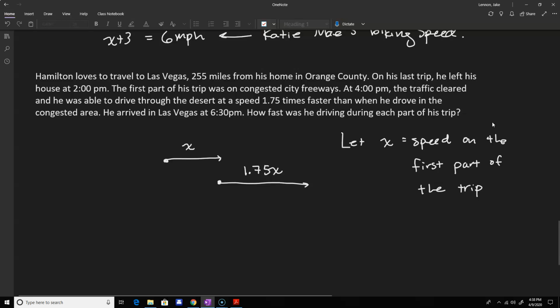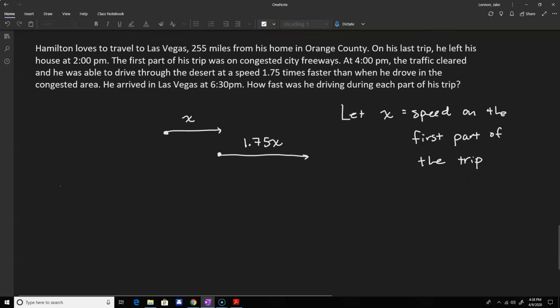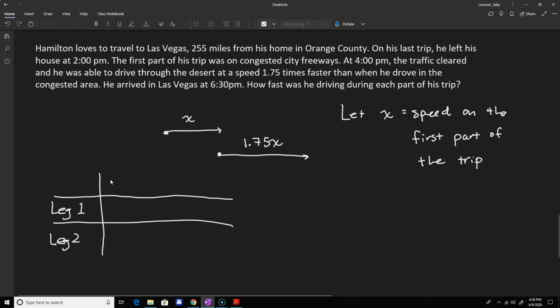And then from there we can set up the same old chart that we're used to. So we'll just call it leg 1, and leg 2 of the trip. And then we've got our time, our rate, and our distance.